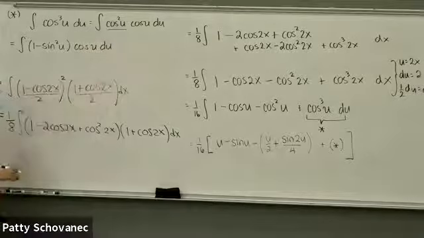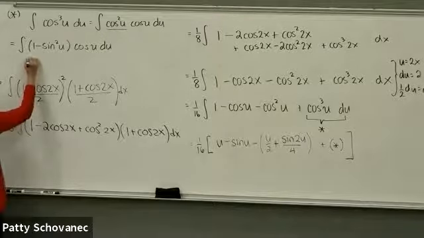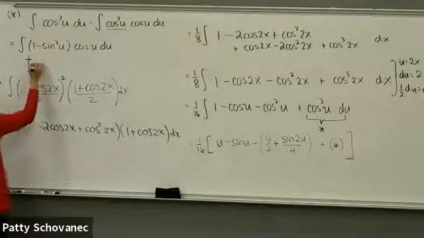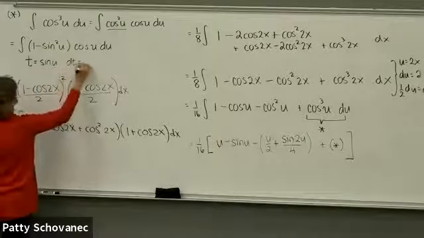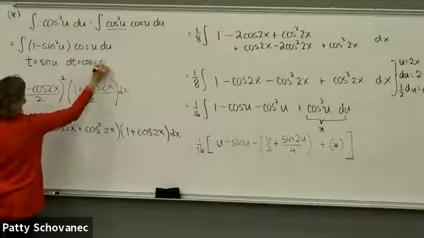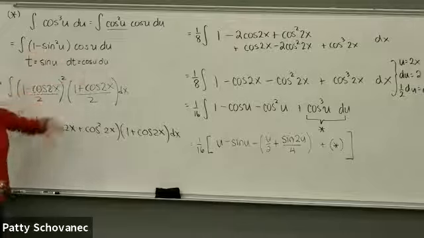Now we're going to do a substitution, but we already used a u, so let's grab another letter in our alphabet. I'm going to use t. I'm going to take t to be the sine of u, so that dt is the cosine of u du. And so we're integrating 1 minus t squared times dt.